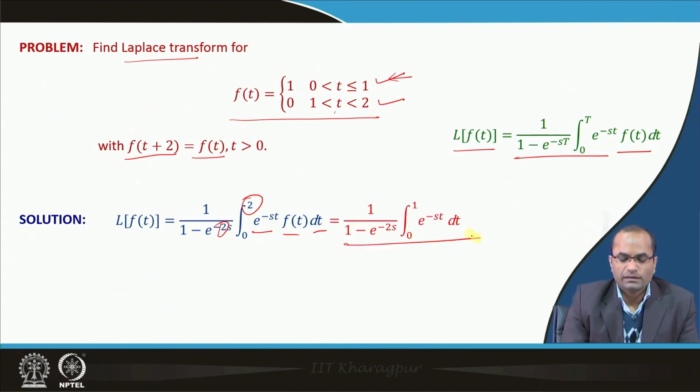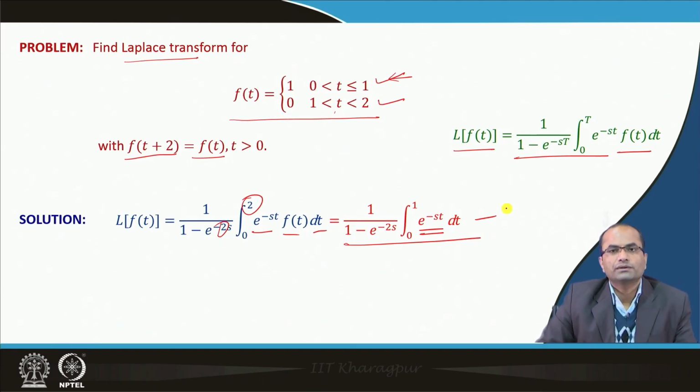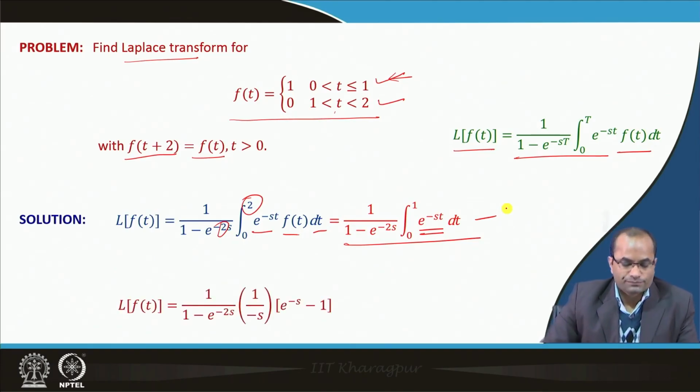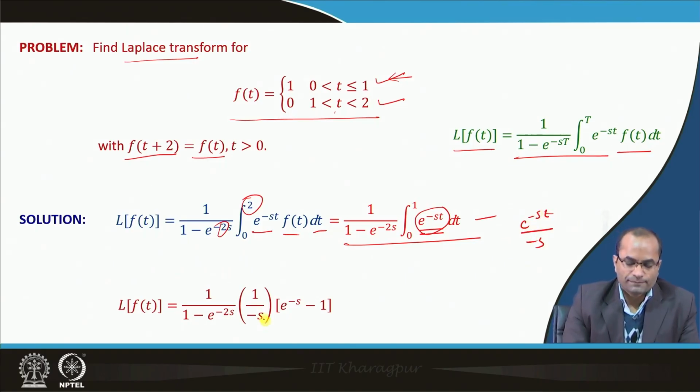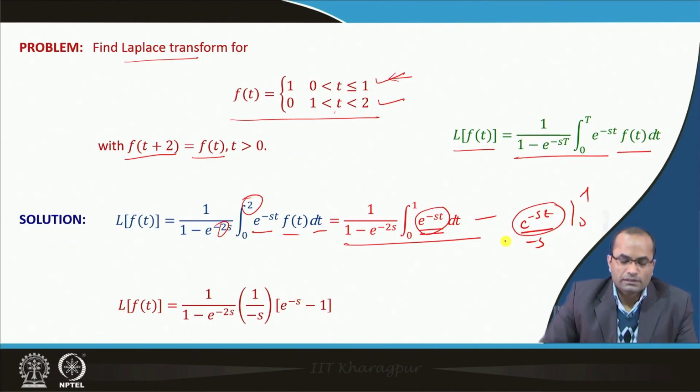So, basically we are left with this integral 0 to 1 e power minus st, the f(t) is 1 here, and then we need to integrate over t this. So, e power minus st, the integration is e power minus st over minus s. So, this is minus 1 over s, and then e power minus st, we have to substitute these limits, the upper one.